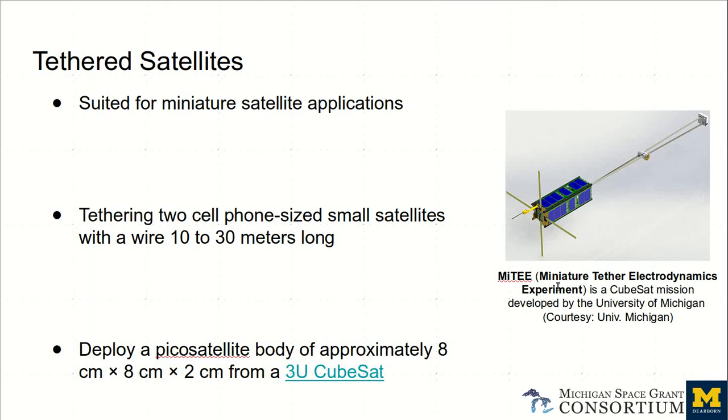For instance, in an initiative by the University of Michigan, a CubeSatellite tethered system, which was called MIT-EE, was developed, and the idea was based on deploying a picosatellite body of approximately 8 cm by 8 cm by 2 cm from a 3U cubic sat.